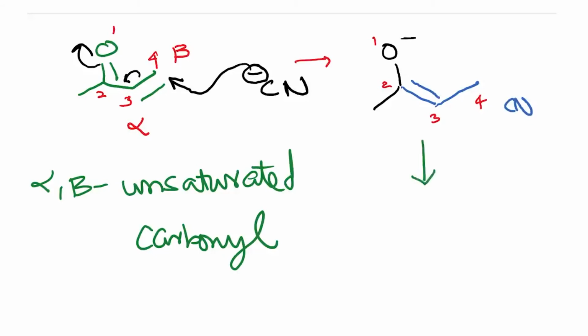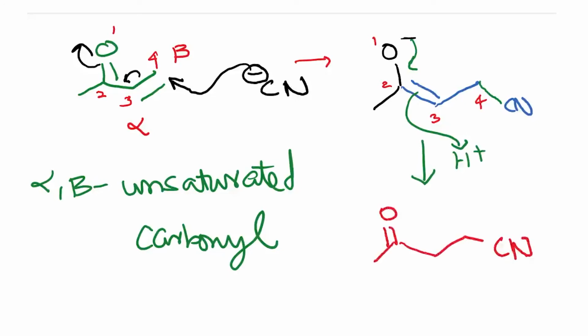Now, if this picks up a proton, basically from water, it's like an enolate, it picks up this proton, and the product that is formed is C double bond O, CN, and there is your new hydrogen that is produced, and the numbering is 1, 2, 3, 4.